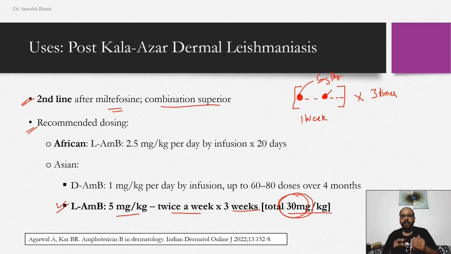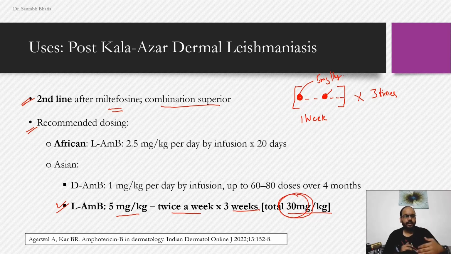Clear? There are other articles which mention lower doses, 2.5 mg per kg 2 times a week for 3 weeks, or 2.5 mg per kg every third day for 15 days. There are a lot of regimens. There are multiple review articles regarding various dosages of amphotericin B for leishmaniasis. If you want to know more about it, I'll give some recommendations in the description.